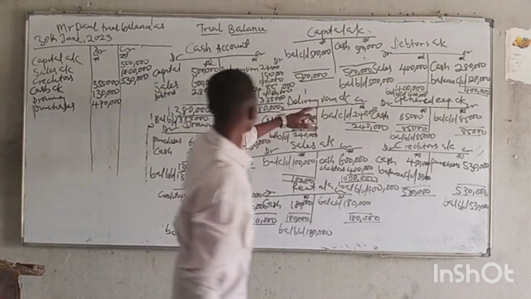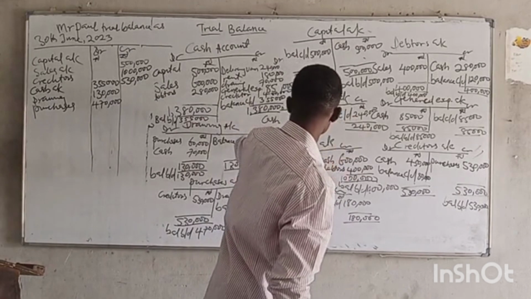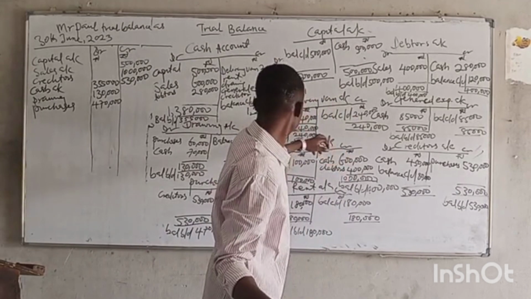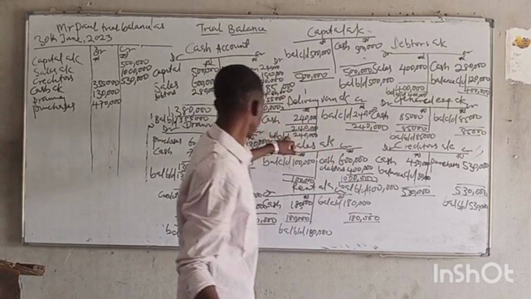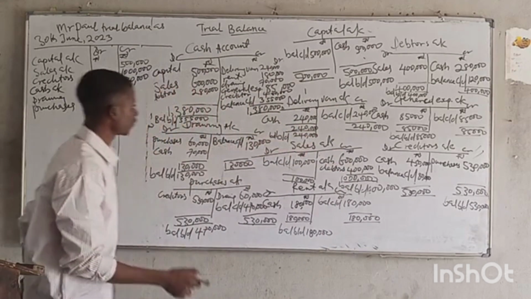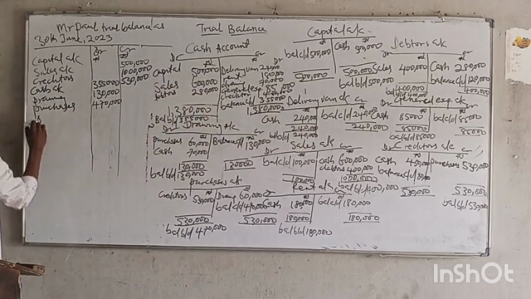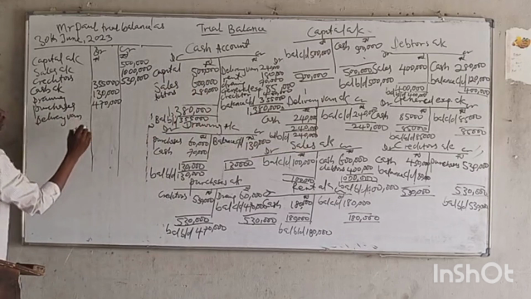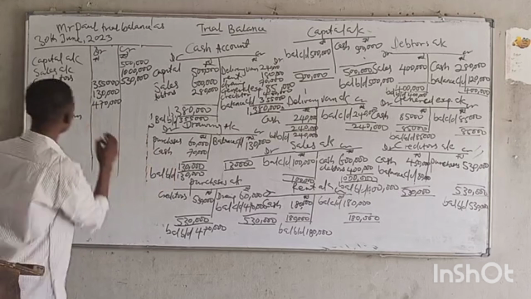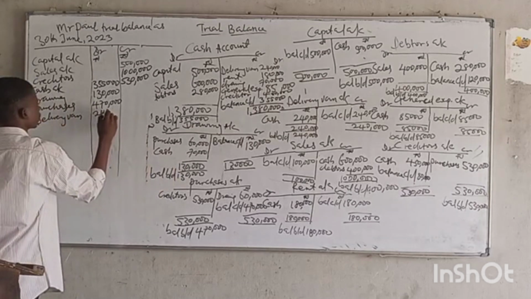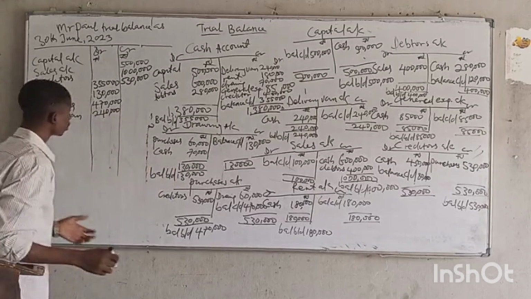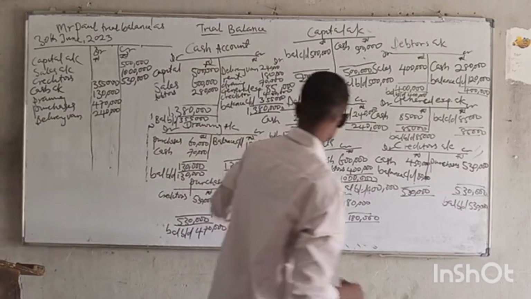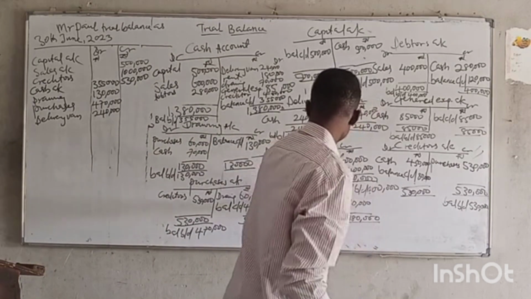The next account is delivery van, and delivery van is an asset account supposed to have a debit balance, and you can see it here, the debit balance, 340,000. So delivery van, 340,000. The next account, you have the rent account.